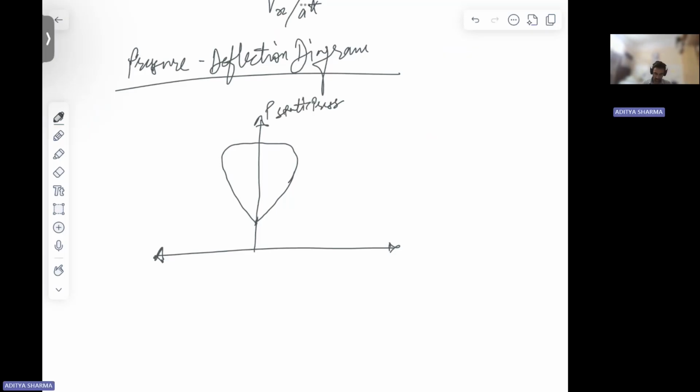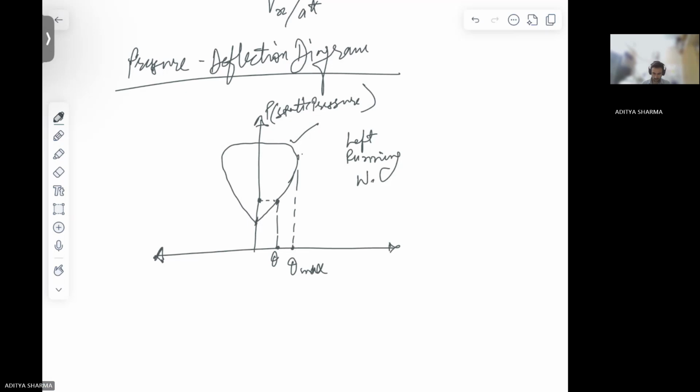This is P, static pressure. Now this theta here is theta max, and this is some random theta. Corresponding to that, we have this static pressure here. This lobe is for your left running oblique shock wave. This is for your right running oblique shock wave.